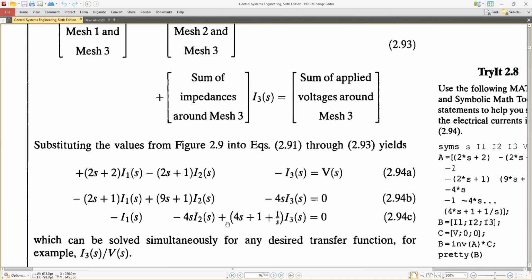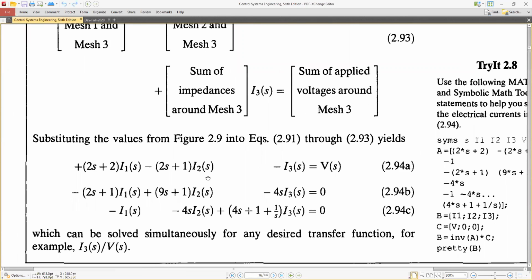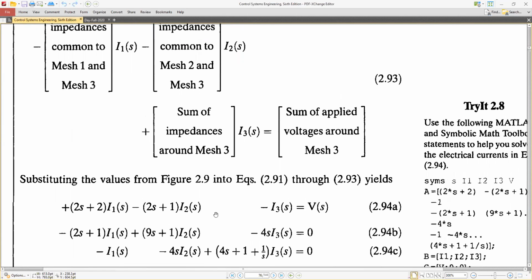So these three equations can be solved simultaneously for any desired transfer function, for example I3 by Vs. We can solve it, but we are not considering this right now. We are only taking the equations.